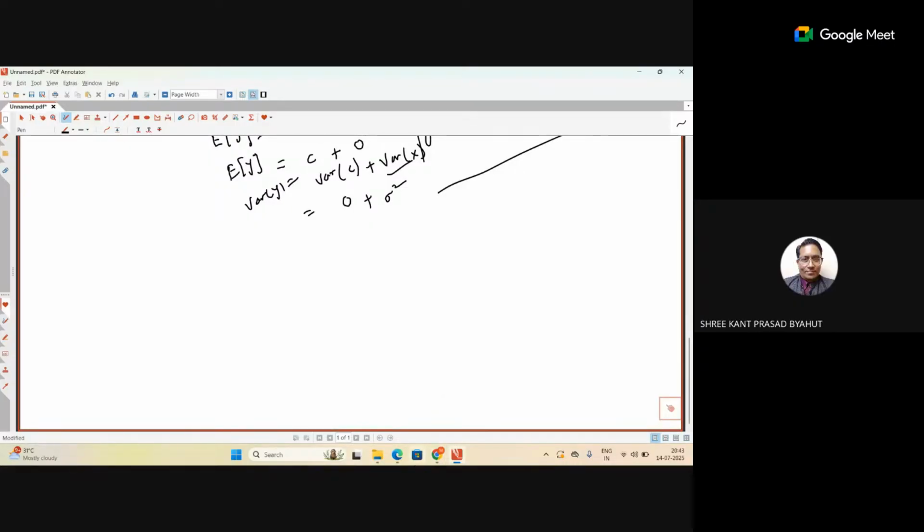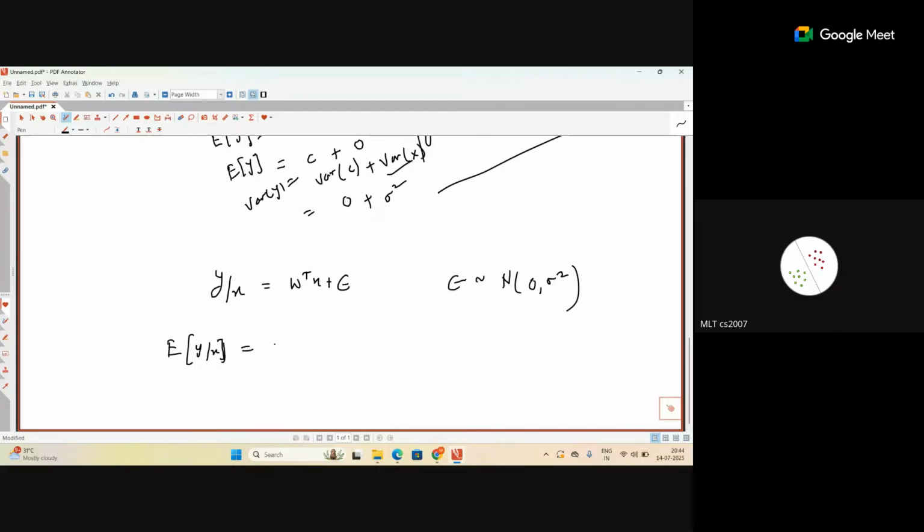Now I say that y given x is the variable, equal to W transpose X plus epsilon, and here epsilon is distributed as normal with 0 mean and sigma square variance. In that case, what will be the expectation of y given x?